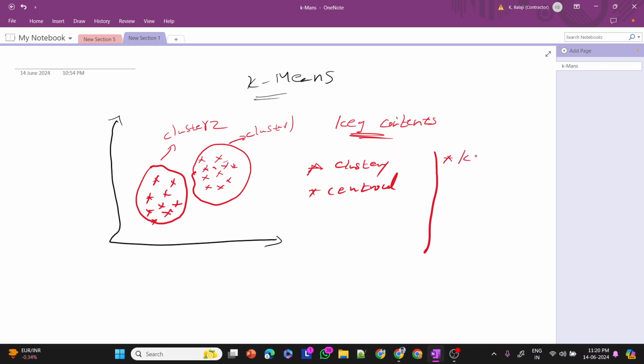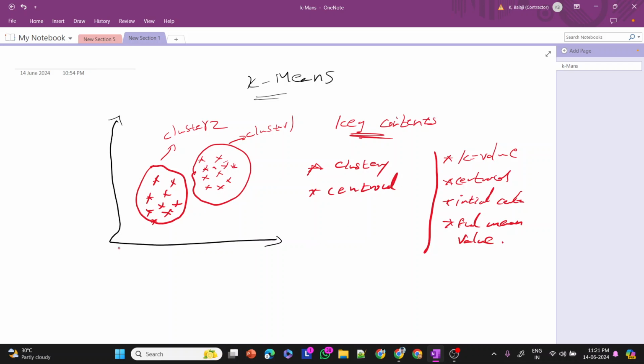The first step is setting a value for K. Then we put K number of centroids, initialize the centroids, and then we select the group and find the mean value to make them into groups.